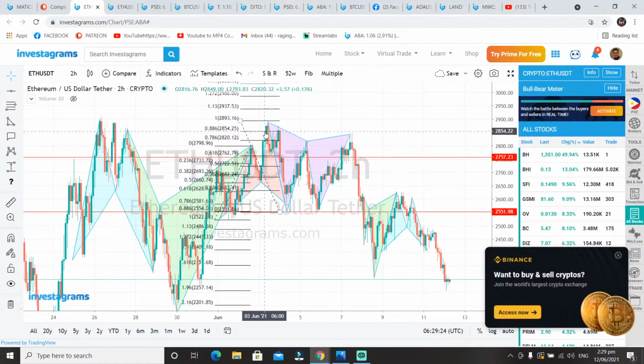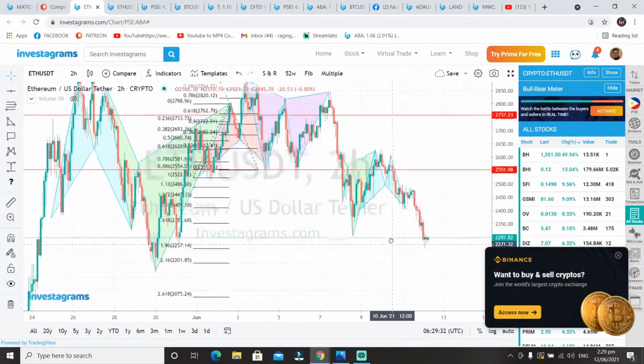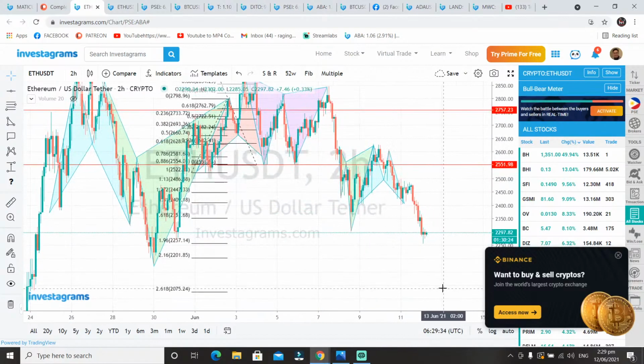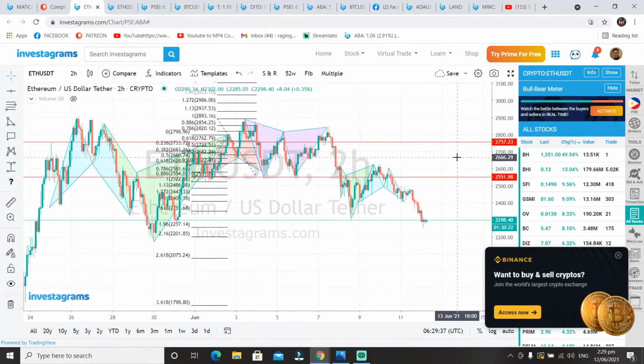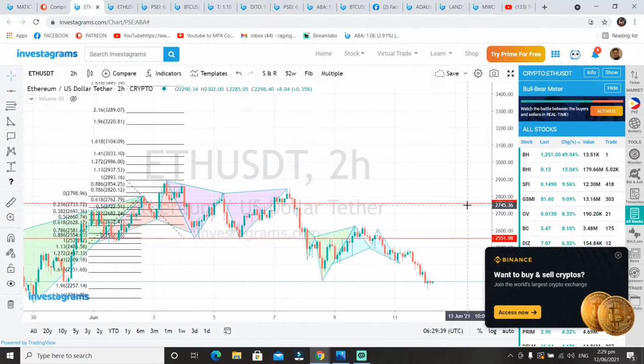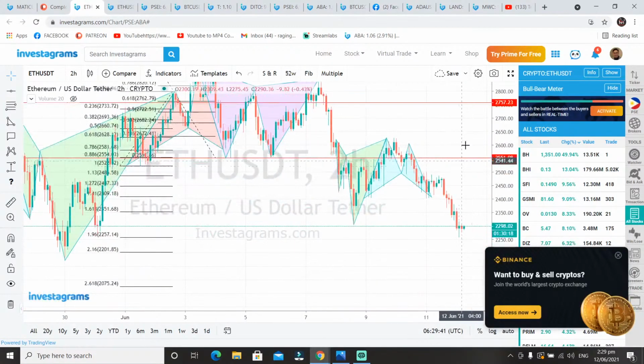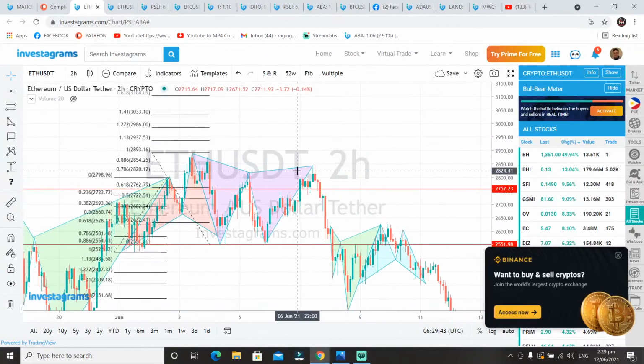You can actually make this one a big pattern. X, A, B, then C. It could go further, so that it could form another cipher pattern like that. Okay, but for this one, let's see what pattern it formed. X, A, B. So not that one.